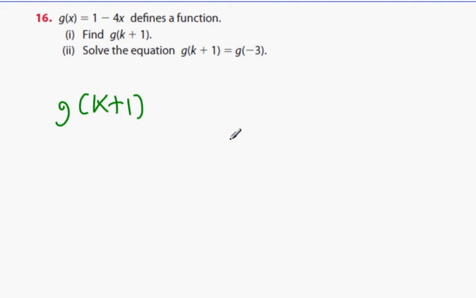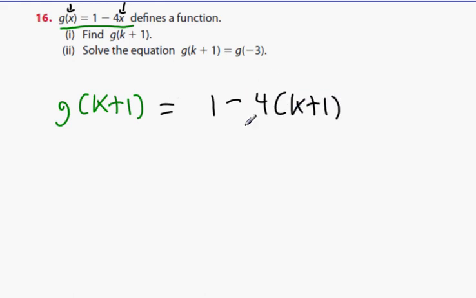The input is k plus 1. Which letter is the input here? Which letter is the input? X. So the new input is k plus 1. Replace all x's with k plus 1.